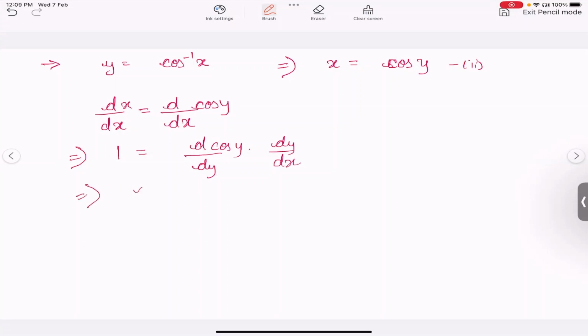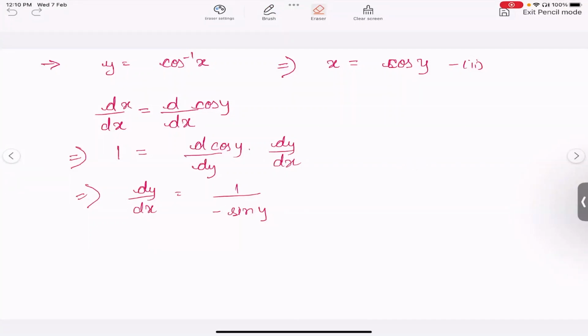This implies dy by dx will be equal to 1 by the derivative of cos y. This will be equal to minus sin y. Let's reduce the number of steps. Again, we'll use a similar trick that we did.